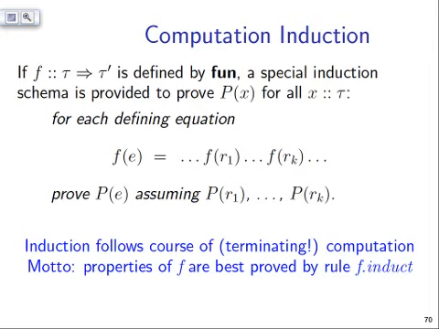We can assume the proposition holds for those, and then we have to prove it for the arguments of the original call. So neither the function f nor the context on the right-hand side appears in it, but really just the arguments of the calls of f. And that's because those arguments are supposed to get smaller. That's what gets smaller, and therefore that's what you can use as an inductive stepping stone.